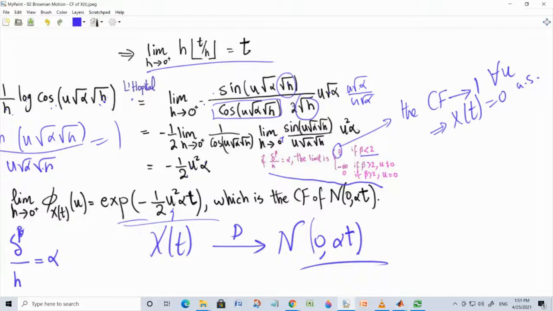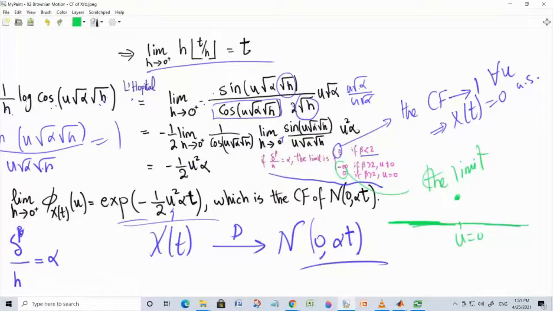And in the other case here, what will happen is that you will not converge. So basically here the limit at u equals 0 will be 1. And then if u is not equal to 0, you have minus infinity, and exponential of minus infinity is 0.